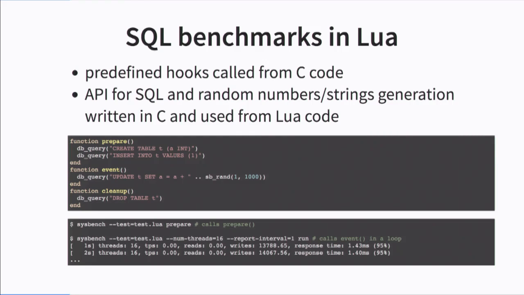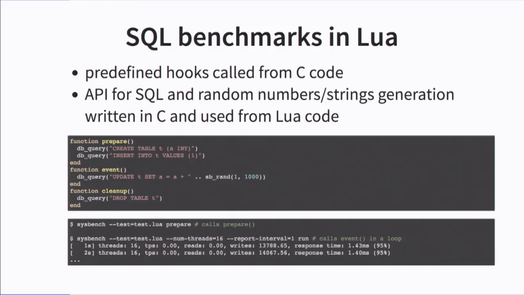The prepare hook is called by Sysbench when you execute it with the prepare command. What you usually do in the prepare hook is generate the initial data set for the benchmark, like create tables and populate them with data. Likewise, the cleanup hook is called when you call Sysbench with the cleanup command, and it basically returns the database to its original state.